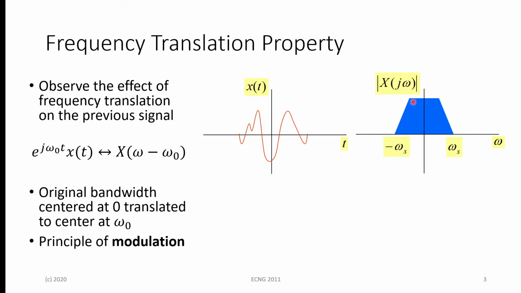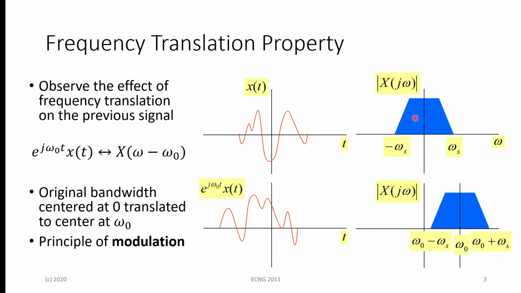And if we had our original Fourier representation of x of t being x of j omega, what this means is that because we have minus omega naught in the frequency domain, we shift the signal in the frequency domain to the right by a factor of omega naught. So instead of the signal all being centered about 0, because we have the shift factor of omega naught, the signal is now centered about omega naught.